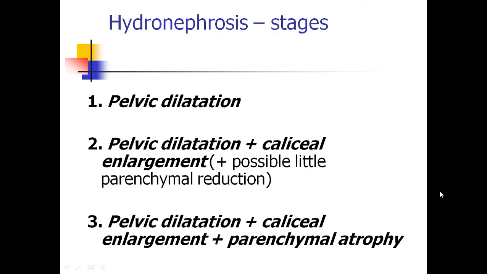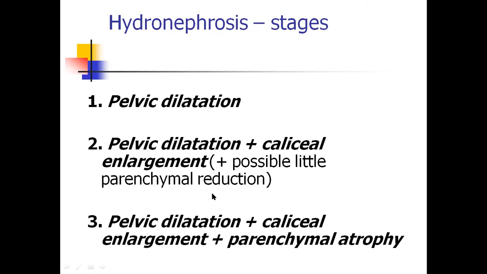hydronephrosis. Stages of hydronephrosis. The first, initial stage is only pelvic dilatation. Then in the second stage, except for pelvic dilatation, calyceal enlargement develops, and it may be combined with possible little parenchymal reduction.